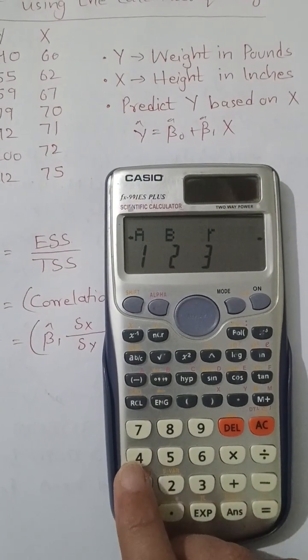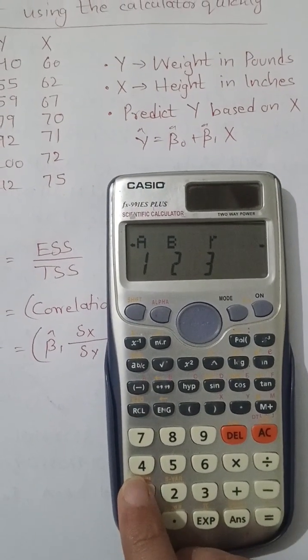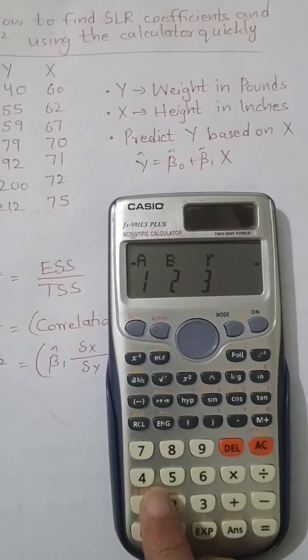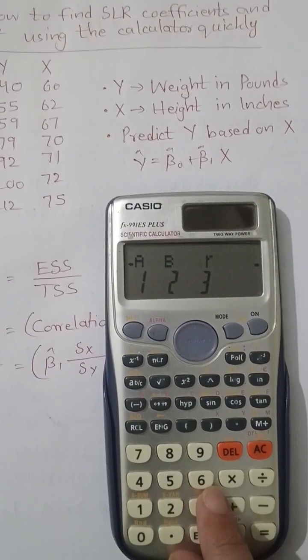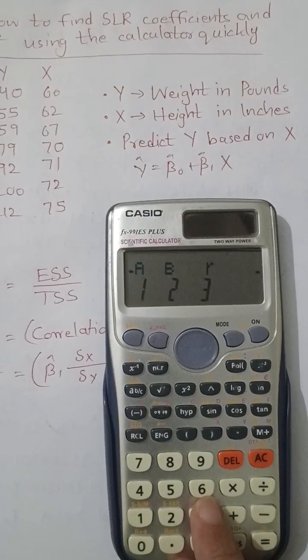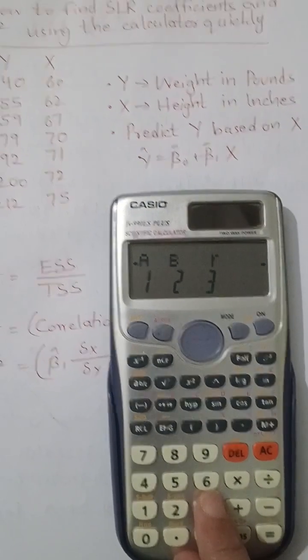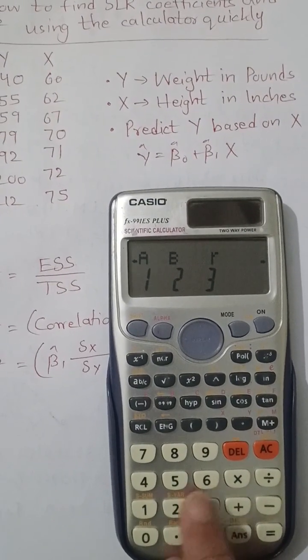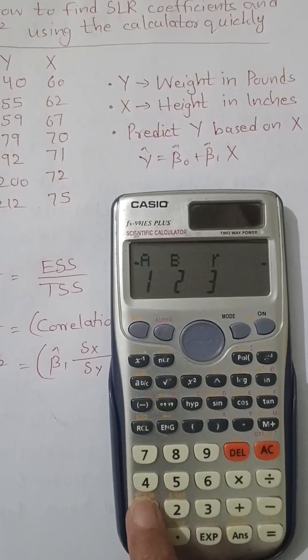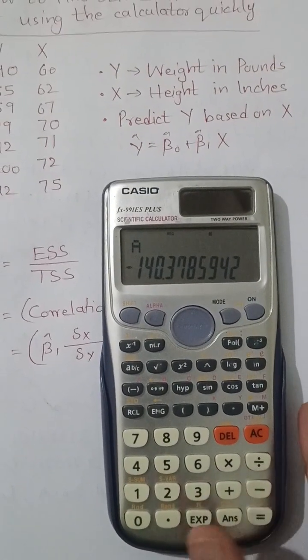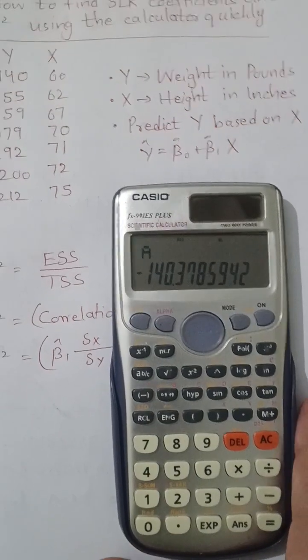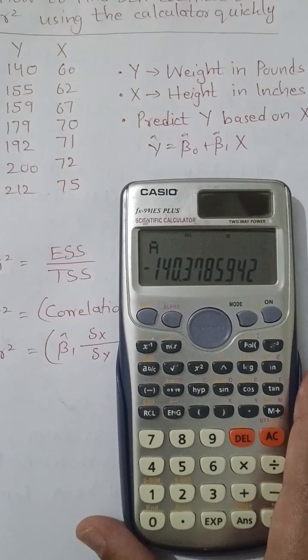Here a shows the intercept of simple linear regression, b shows the slope coefficient, and r shows the correlation coefficient between x and y. So we first need to press 1 for intercept and then press equal. The answer is minus 140.3785.